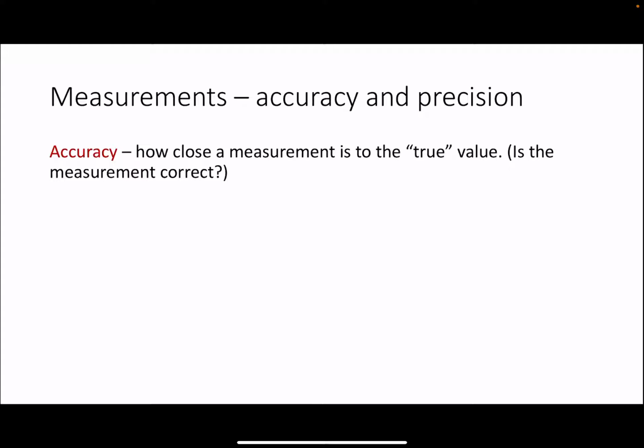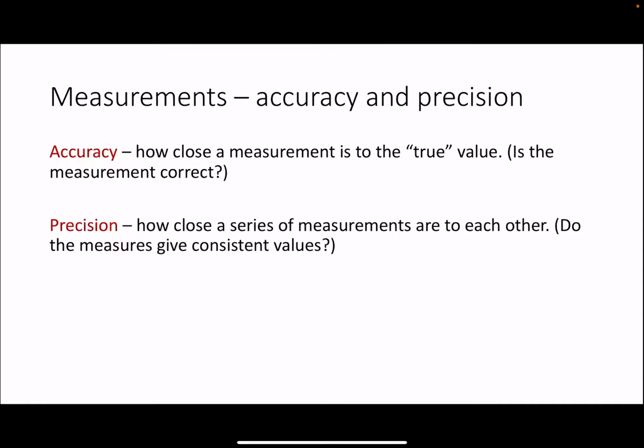Accuracy is how close a measurement is to the true value. So if there's a known actual value to the measurement, how close we are to being correct, if you will, is what accuracy tells us. Precision is how close a series of measurements are to each other.